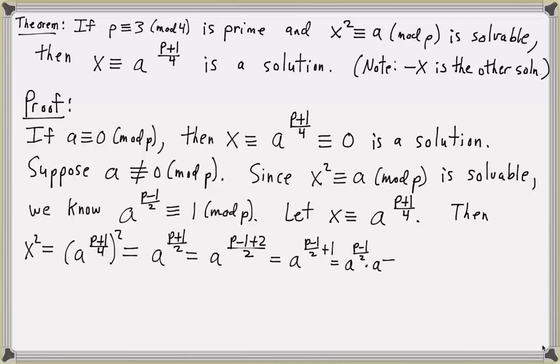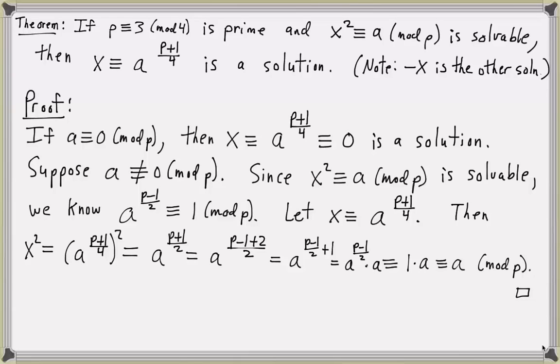But this a to the p minus 1 over 2 is congruent to 1 mod p. So this is congruent to a mod p. And we've just verified that a to the p plus 1 over 4 is a solution to the congruence x squared congruent to a mod p.